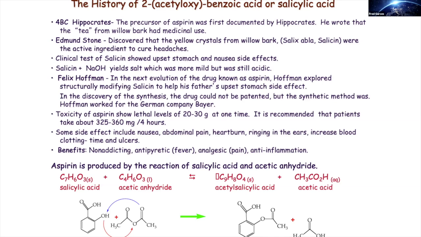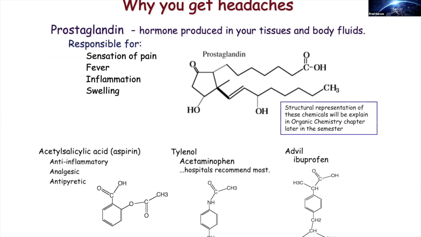And aspirin, I mean, if you had synthesized that drug and marketed it, you'd be a billionaire, because that particular drug, more than any other drug, is what is used. When you have a headache, your body excretes prostaglandins, and it's the prostaglandins that are responsible for the sensation of pain, fever, inflammation, and swelling.